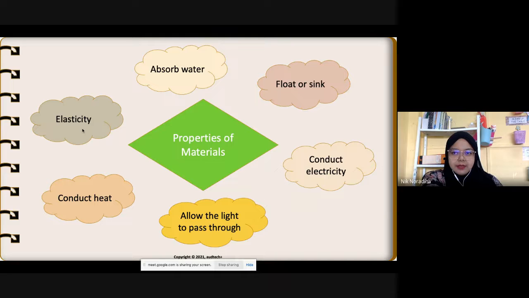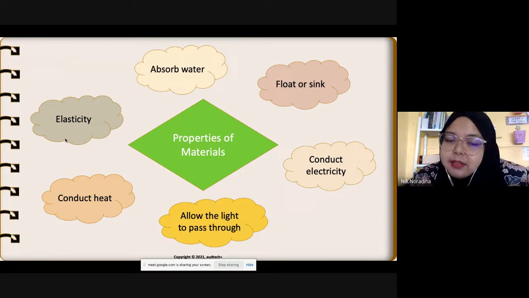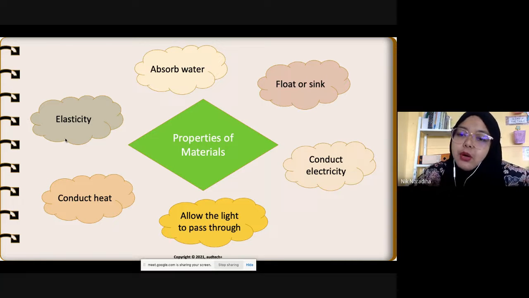Amal, number 6, Amal. Elasticity, correct. Okay. So these are the 6 characteristics that we're going to look more into today.